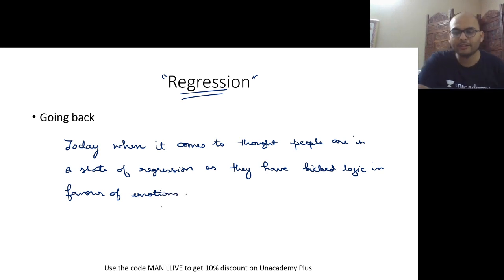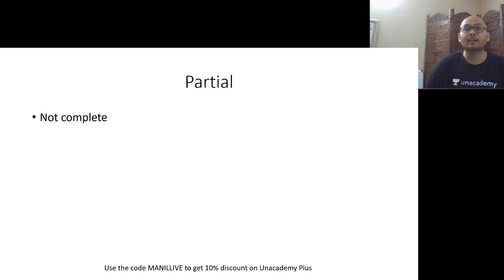What I mean to say is that there is constant regression. People, instead of using logic and moving forward, the thought in itself is regressing. It is in a state of regression, which means it's going backward. People have stopped using logic and they are constantly thinking on the basis of emotion.